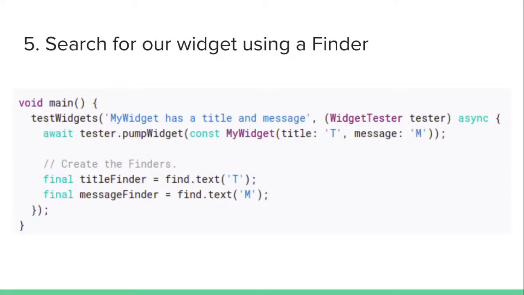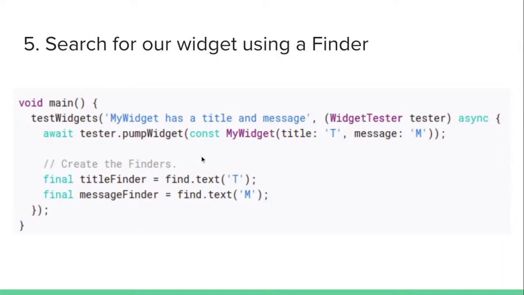Since you know you're looking for text widgets, use find.text. If you want to find any widget other than text, you can write find dot and then the widget. So here we need to search for a text widget printing T and M. So we wrote find.text and put the results in a title finder object and a message finder object.